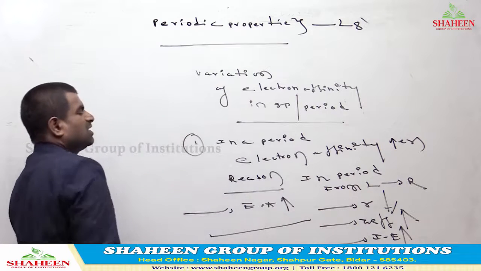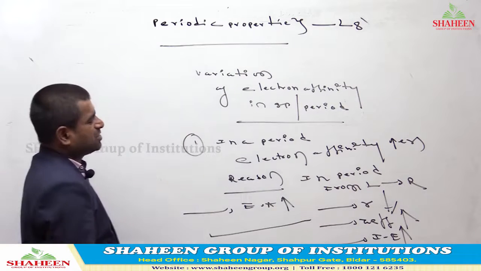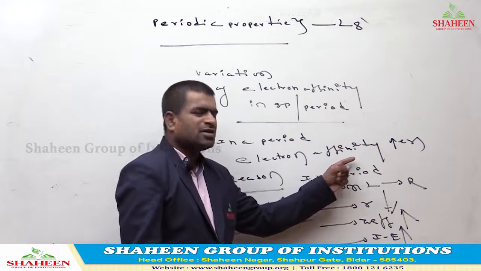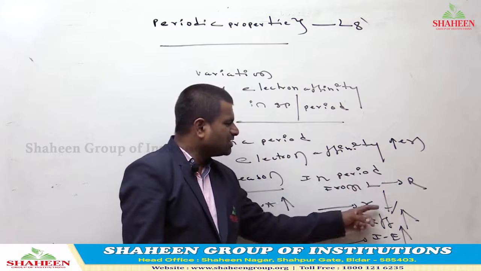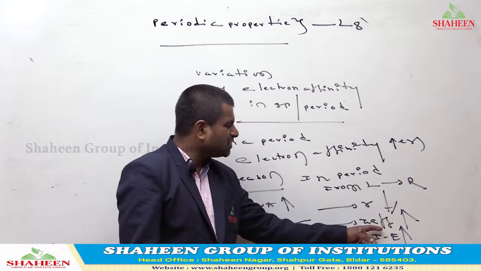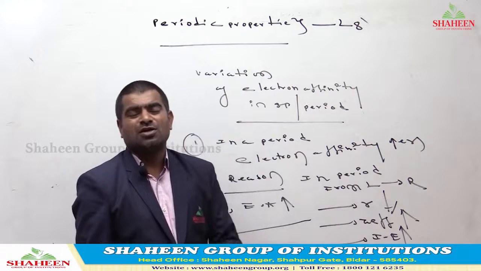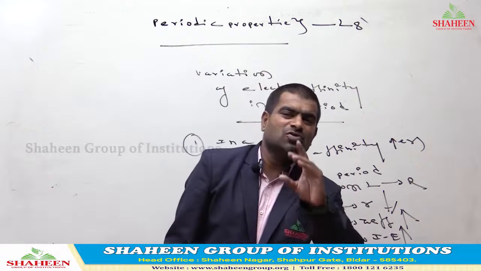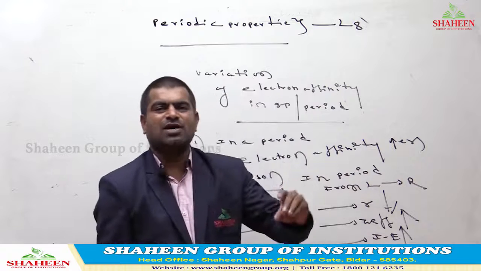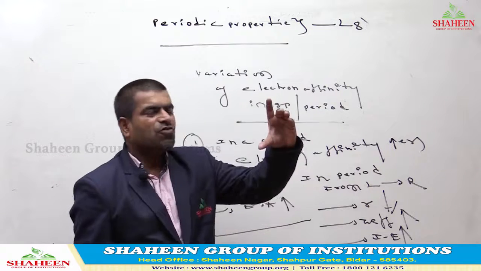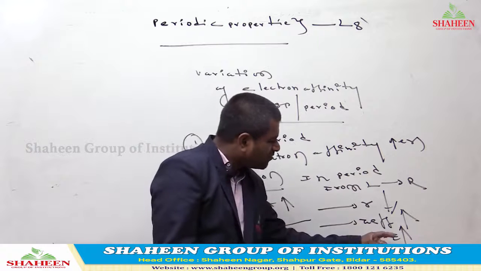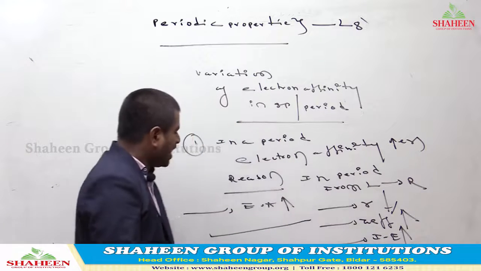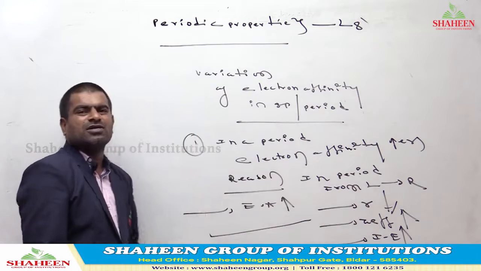Remember why electron affinity increases in a period, the reason is from left to right radius decreases. Why does radius decrease? Because Z effective, which is nothing but nuclear charge, increases. Once the nuclear charge increases, the nuclear effect on the outermost electron increases, the force of attraction between the nucleus and the outermost electron increases, therefore ionization energy increases and electron affinity also increases.